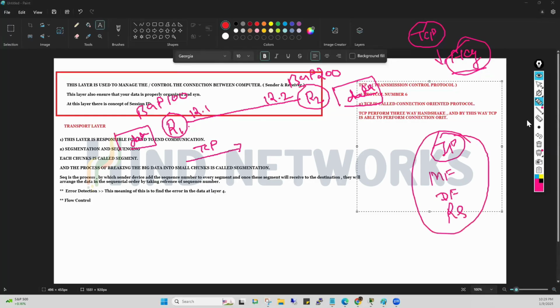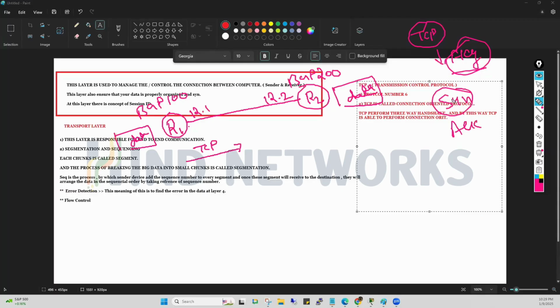If you guys remember, in the same way, in the TCP header, there are multiple types of flags. Among these flags, there are two flags that you need to remember. One is called SYN, and the second one is called ACK. SYN means synchronization and ACK means acknowledgement. Getting my point? So these are the two flags.